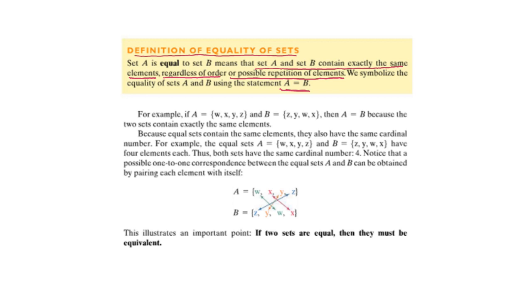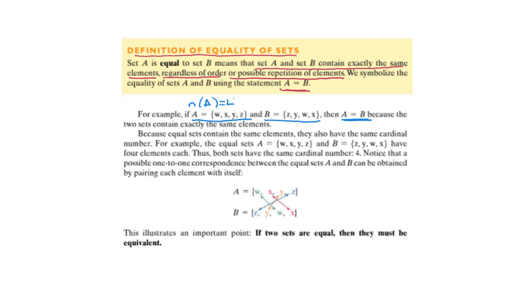All right, let's take a look at this example. Set A contains the elements W, X, Y, Z. Set B contains the elements Z, Y, W, X. Because they have the exact same elements, these are considered equal sets. Also in this case, if we were to find the cardinality of A, how many elements?